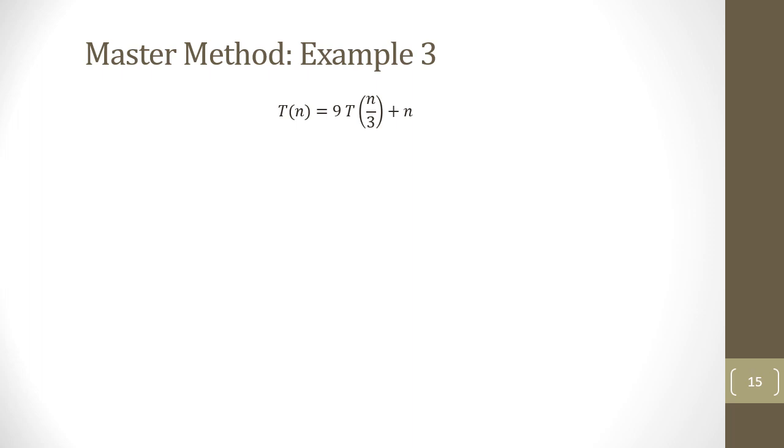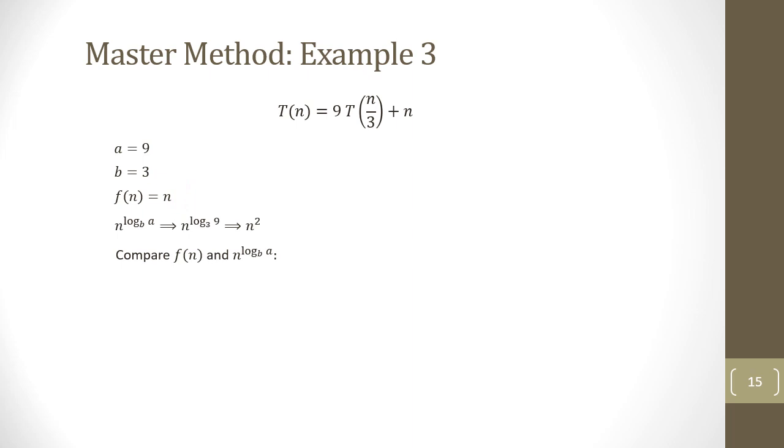Let's solve the following recurrence using the master method. For this problem, a will be 9, b will be 3, f of n will be n, and n to the power of log base b of a will be n square. In the next step, we will compare f of n and n to the power of log base b of a. We can see that n to the power of log base b of a is n square, while f of n is n.